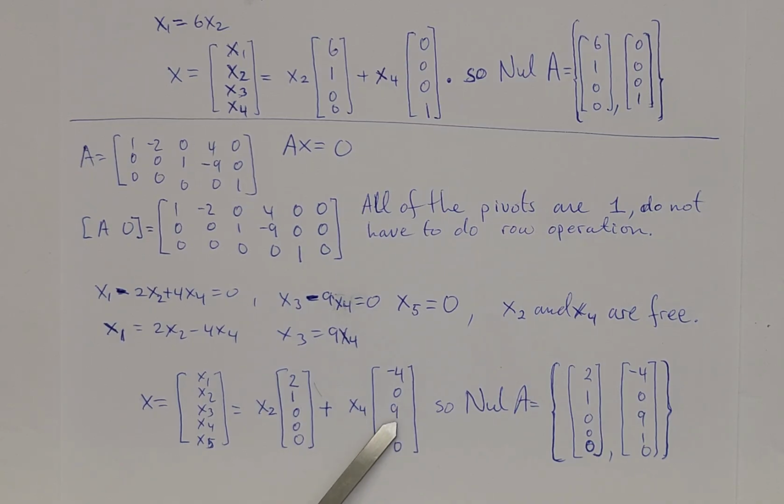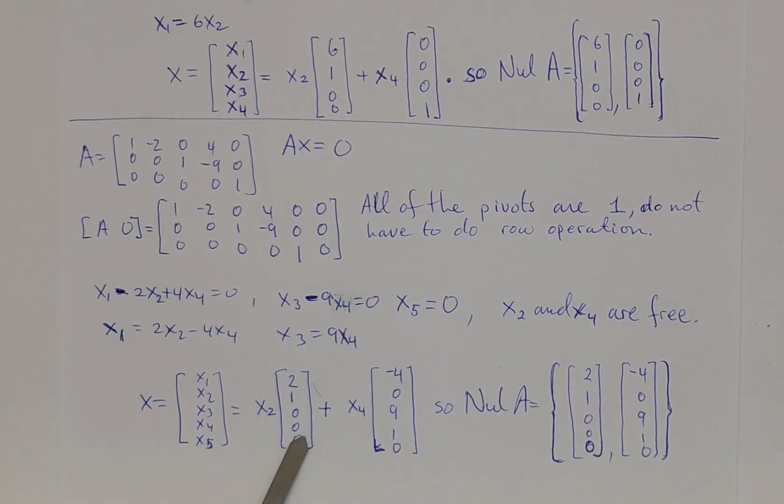Third term of x4, I do have it right here, which is 9. Fourth term of x4, because it's free, 1. Fifth term of x4, there's nothing, so 0. So that's how you list out each term for its x.